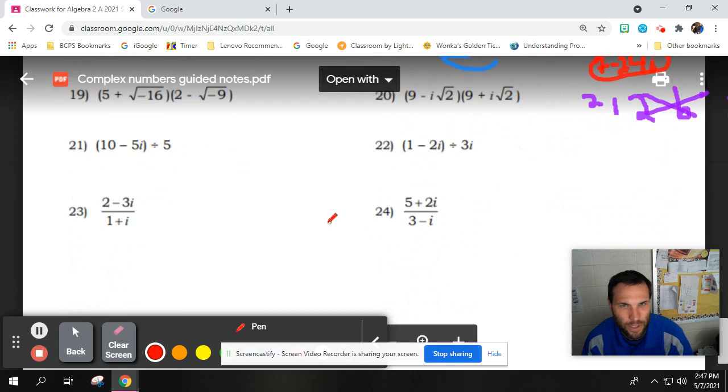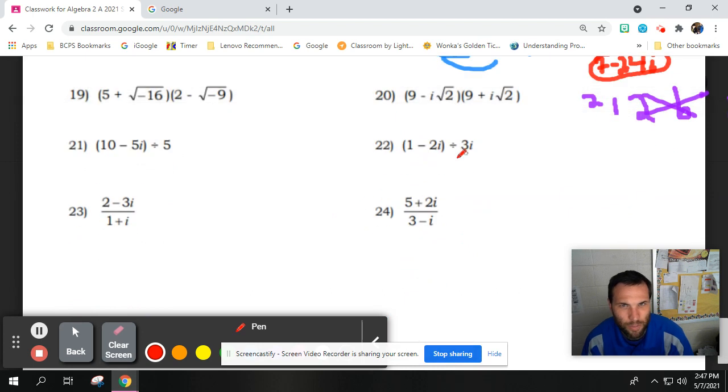And is there anything else here? Let's see, this would be like dividing by 3i. And so you want to cancel out the i on the bottom. And so you want to multiply by i. You can multiply by a number of things, but i times i is negative 1. So this turns into negative 3. And then this, you essentially distribute the i. So 1 times i is i.